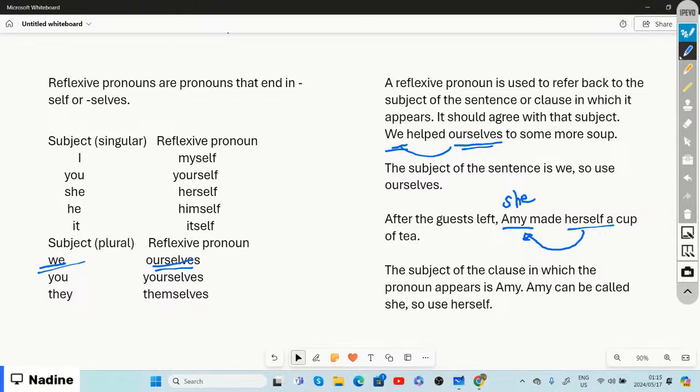All right, so that is our reflexive pronouns. We see that reflexive pronouns end in self, which is singular, and selves, which is plural.